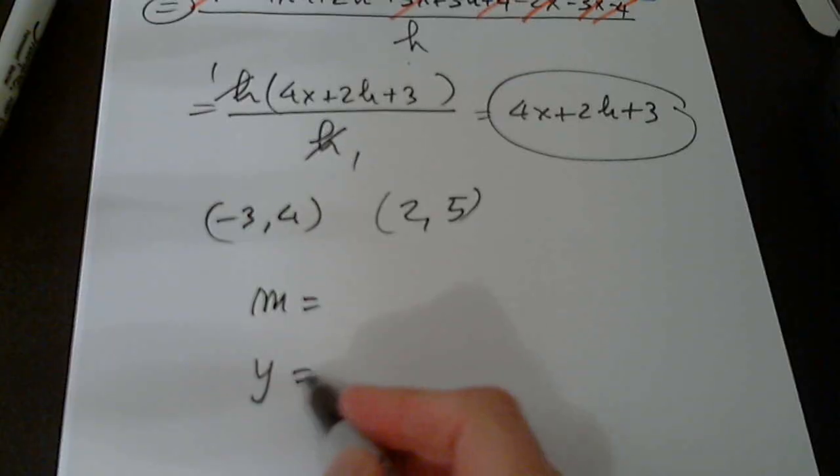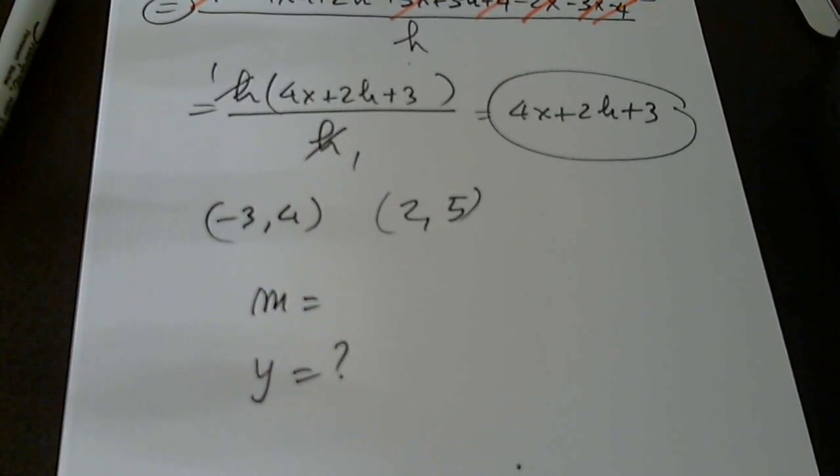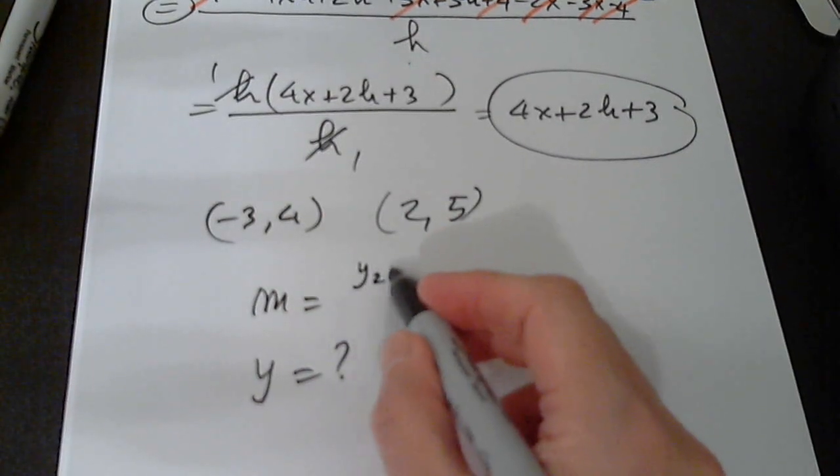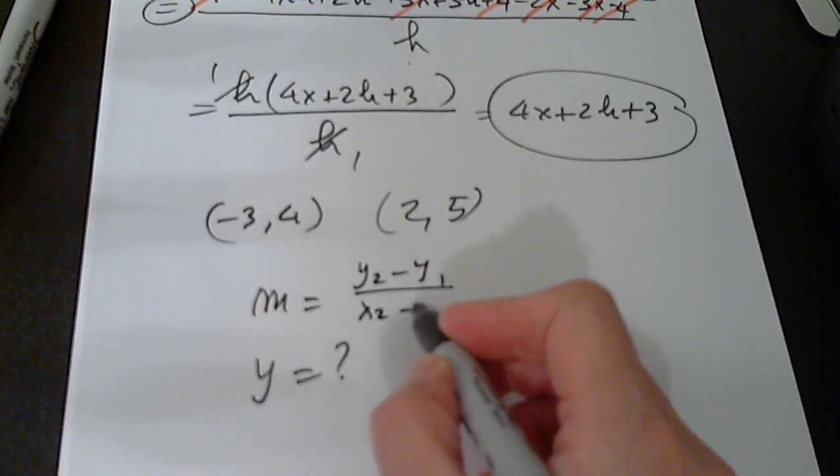And how do you determine the equation of the line? Because you have to determine the slope first. Is that when you do the rise over run? Correct, yes. So you would do y2 minus y1 over x2 minus x1.